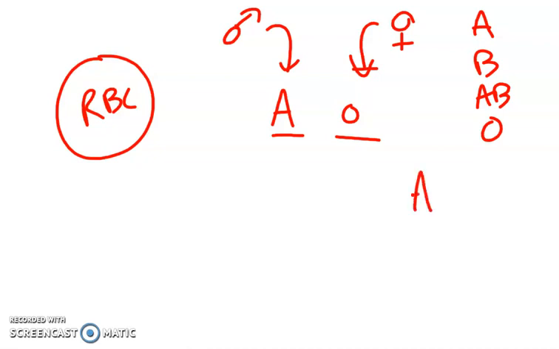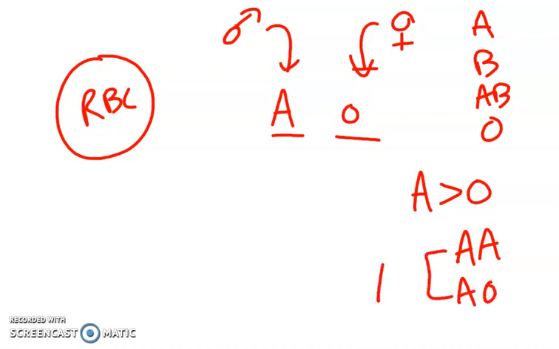A is dominant to O. So what happens if this is your blood type, AA or AO? Well, it doesn't really matter because then you will be blood type A. What that means on our cell surface means you have the receptor, and that receptor is an A antigen or an A receptor. That is type A blood.